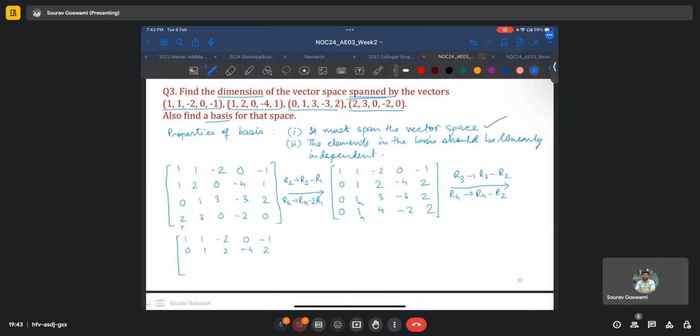So this will be 0 minus 0, 0, 1 minus 1, 0, 3 minus 2, 1, minus 3 plus 4 is 1, 2 minus 2 is 0. And for the fourth row, 0 minus 0 is 0, 1 minus 1 is 0, 4 minus 2 is 2, minus 2 plus 4 is 2, and 2 minus 2 is 0. And already we can see that the fourth row is actually simply twice the third row. So we'll end up with zeros in the fourth row.